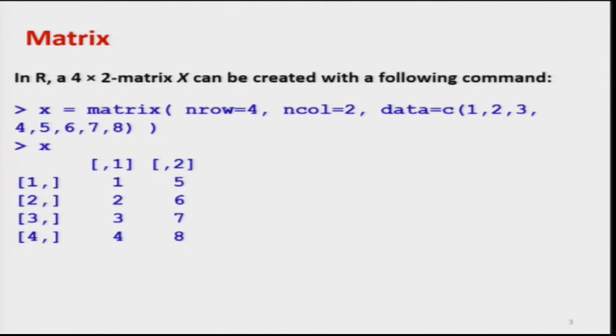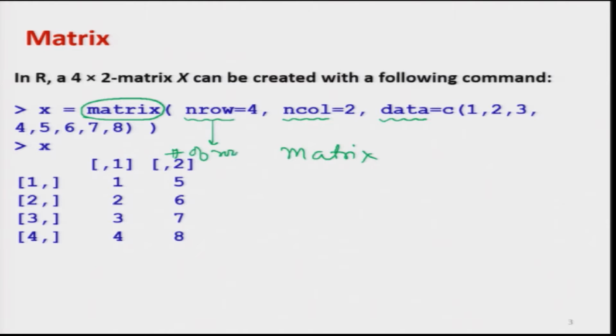So, the first question comes: how to create a matrix? In order to create a matrix, we have the command matrix, and inside the brackets you can see I am writing several things: nrow, ncol, data. This nrow gives the information on how many rows I want.